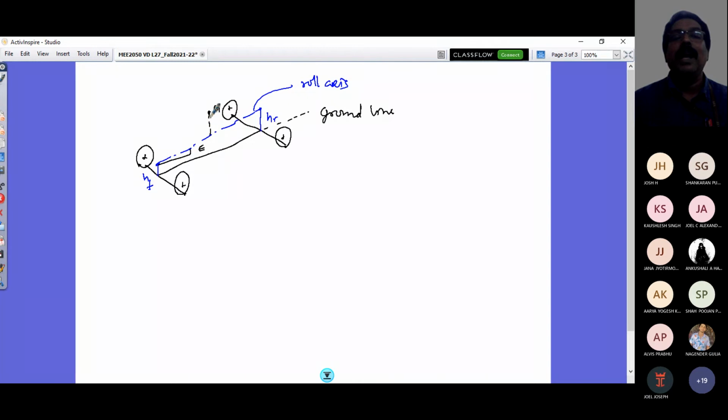And here your weight is initially acting, and as the vehicle takes a turn like that, the roll will be outward. I'm just exaggerating this diagram. So this is my roll angle phi. And I have my CG transferred here.